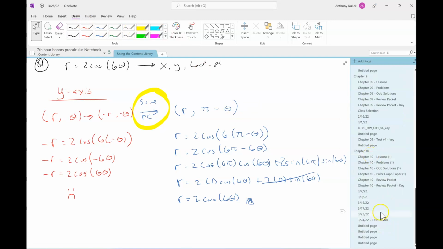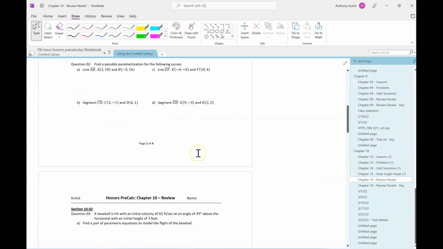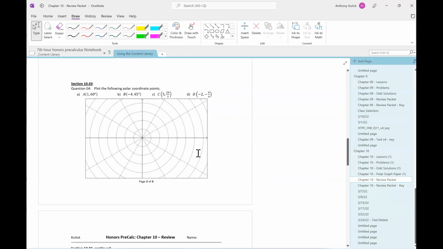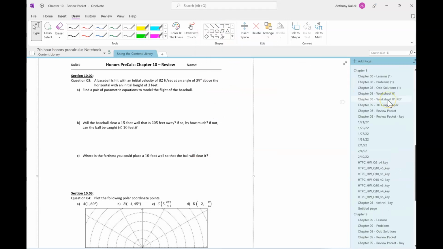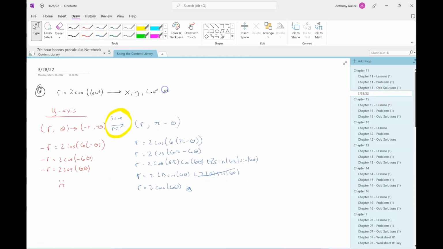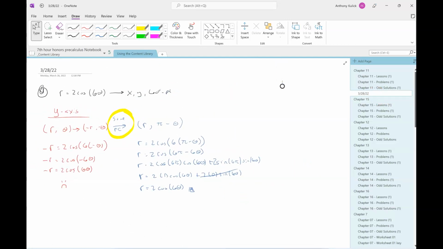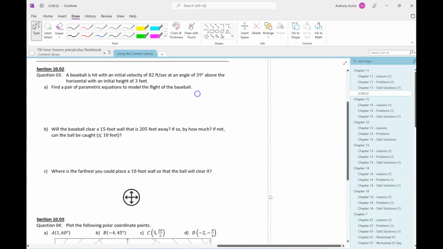Sure. Review question 3, part C. Okay, so to have done this, we would have had to write our parametric equation for part A. I'm going to copy that in real quick.